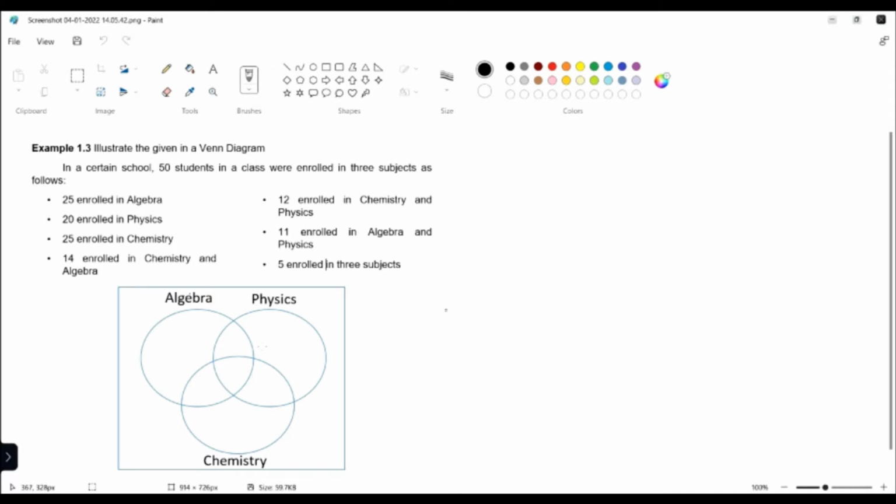So, the question is, how? Now, you are tempted to just write the given information in this Venn diagram. For example, since there were 25, then I could just write 25 here, since there were 25 students taking algebra. Let me write 20 here and another 25 here.